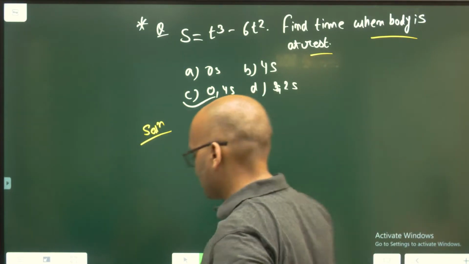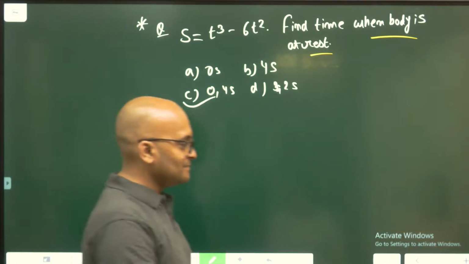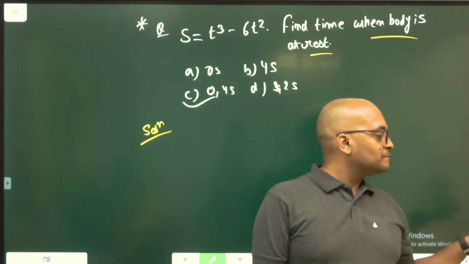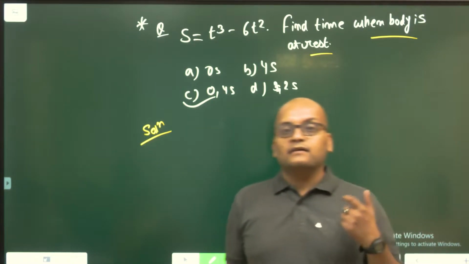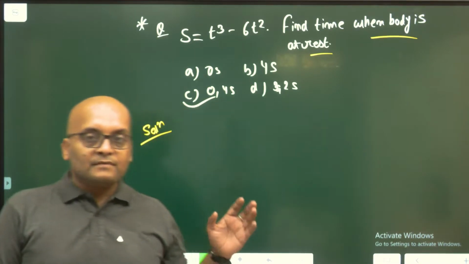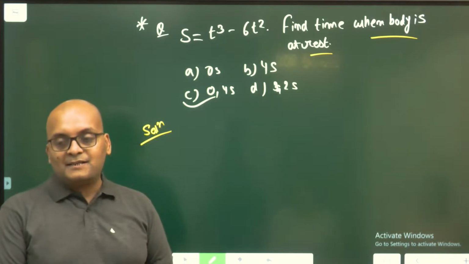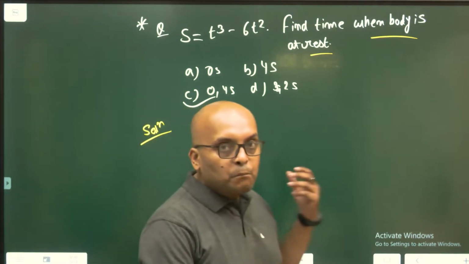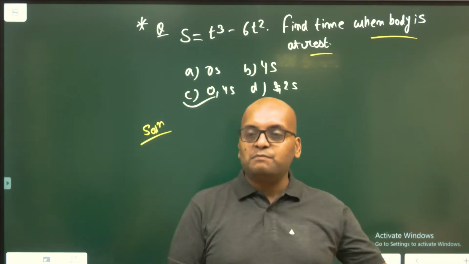Oh, so that's the problem of maths. We will solve it, Shireen, don't worry. First listen to the concept. Body will be at rest when its velocity is 0, not its displacement. Suppose body starts from rest, so at t equals 0, displacement is 0.